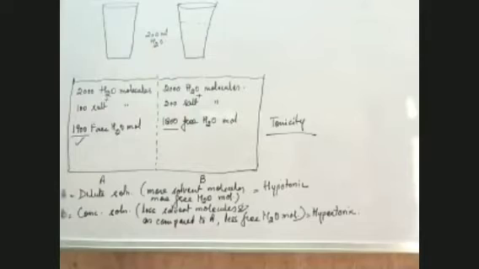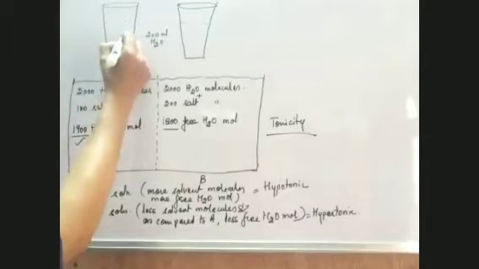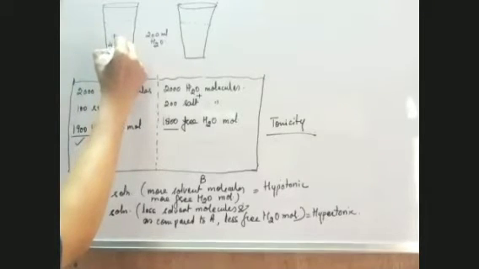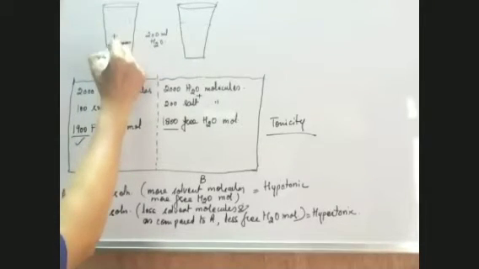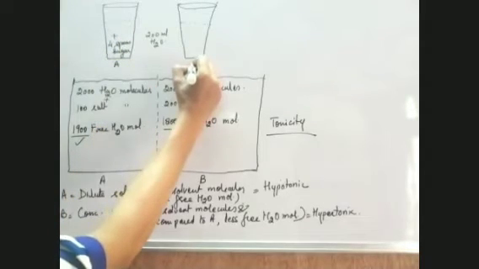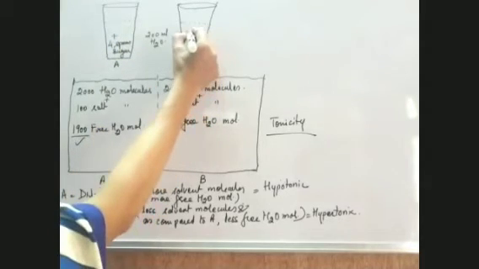Now, if we add a solute to it, say sugar, here in tumbler A we add 4 spoons of sugar. And in tumbler B we add just 1 spoon of sugar.